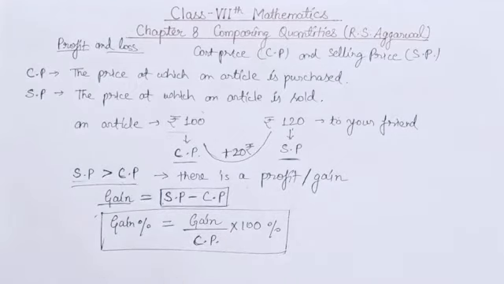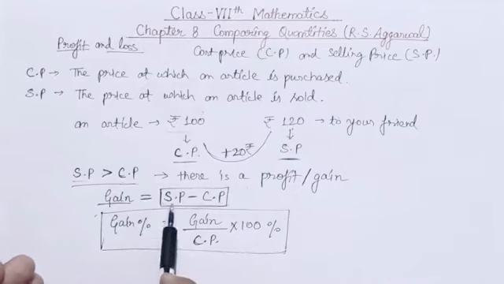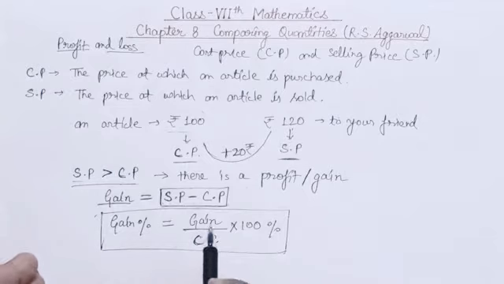I hope it is clear. Whenever the selling price is greater than cost price, then there is a gain. And gain is calculated by the formula SP minus CP, and gain percentage is calculated by the formula gain by CP into 100%. Now, let us understand loss.